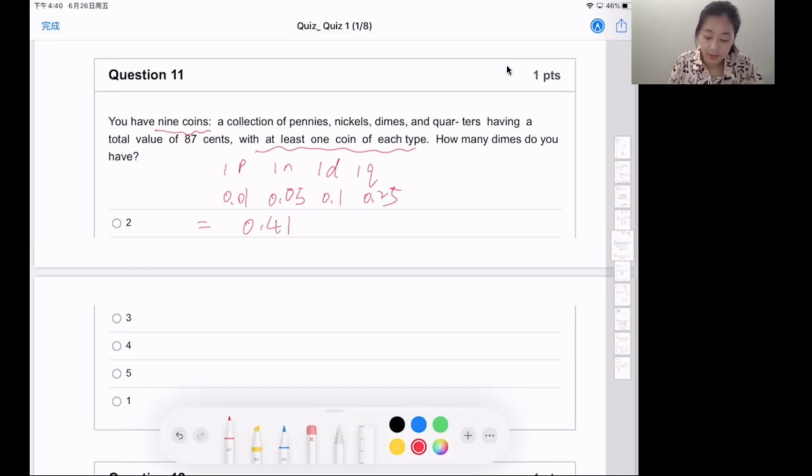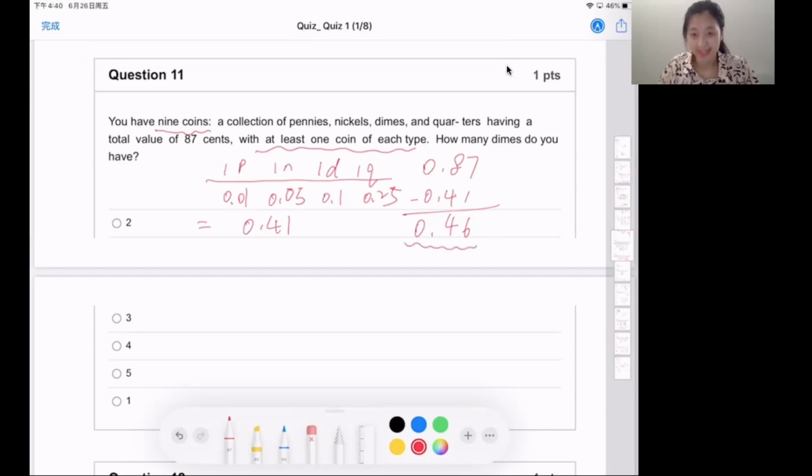And then we need to use 87 cents minus 41 cents. There are 46 cents left. So we need to use 5 more coins. Why 5 more? We already used 4, right?